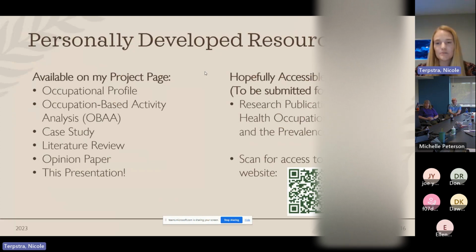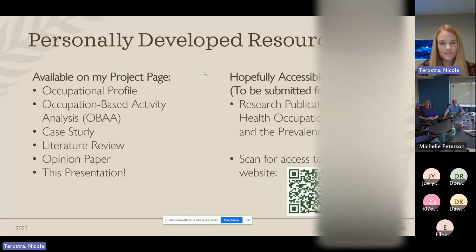But basically, I looked at the prevalence of hoarding disorder in home health OT, and the results were very interesting. And I'm also willing to discuss that more later. And then here I have a QR code that you can scan for access to my project website, which contains all of those things that I've developed.